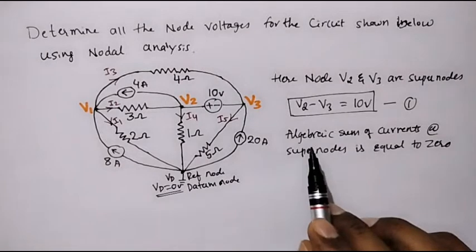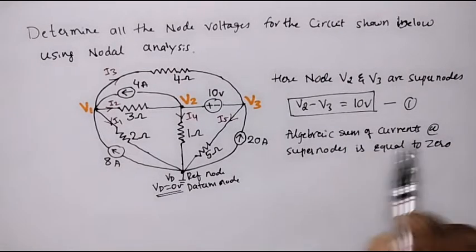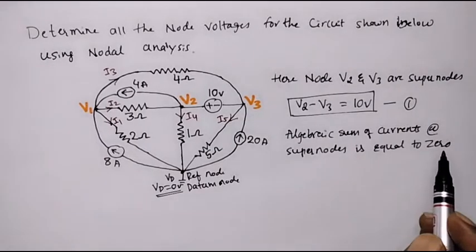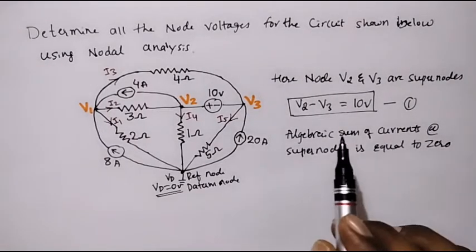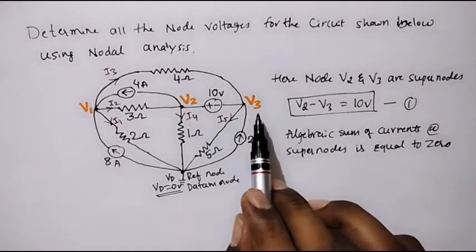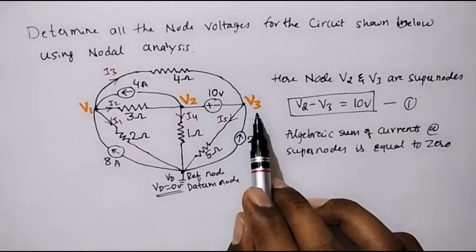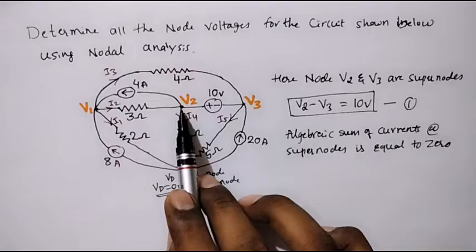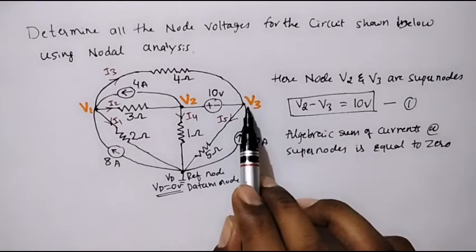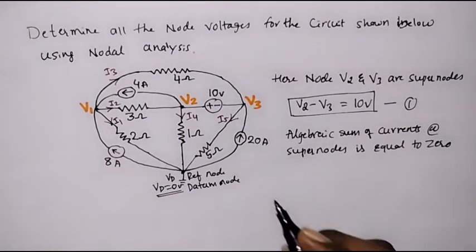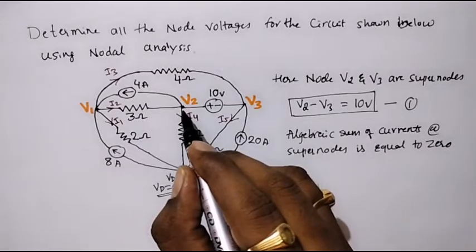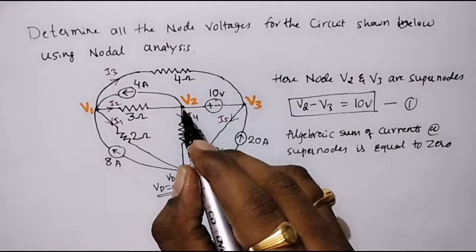Now it says that the algebraic sum of currents at supernodes is equal to 0. That is, here the supernodes are V2 and V3. Now let us find which currents come into the picture at node V2.